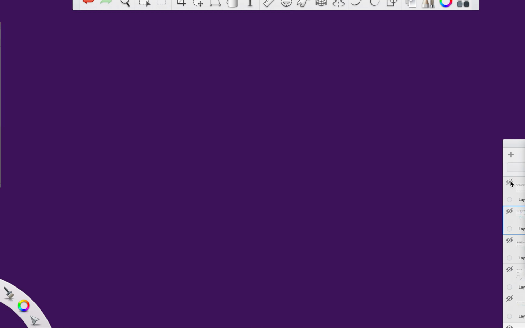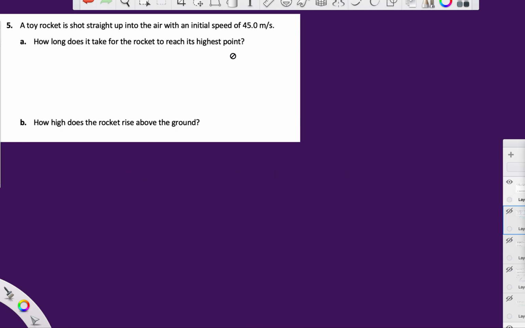Last one. This one is the same thing, except it'll make life a little bit easier, right? This one is a lot of fun. How long does it take to get up to its highest point?